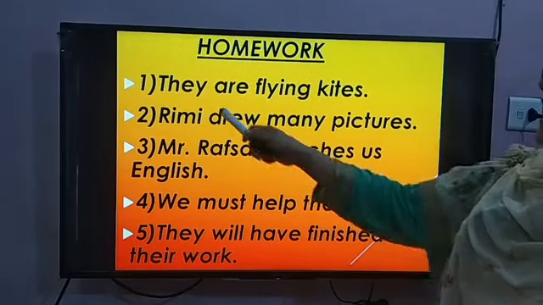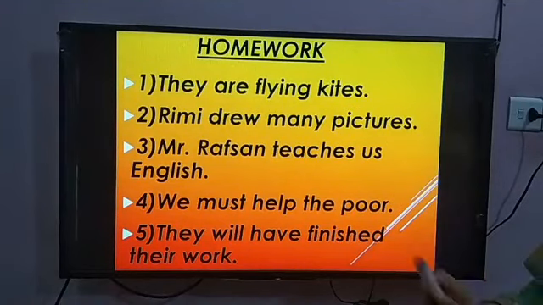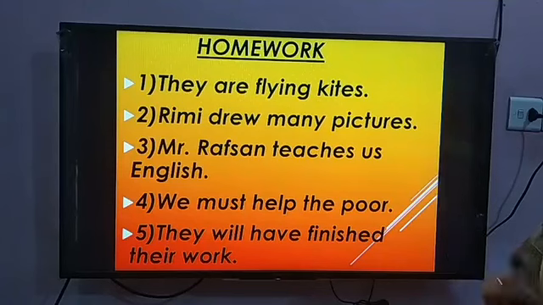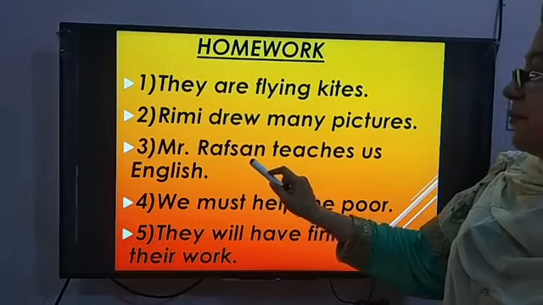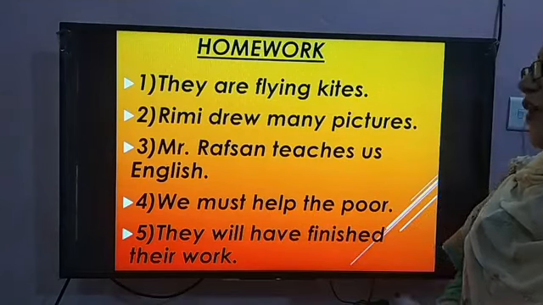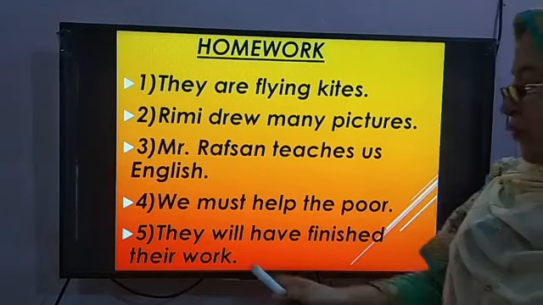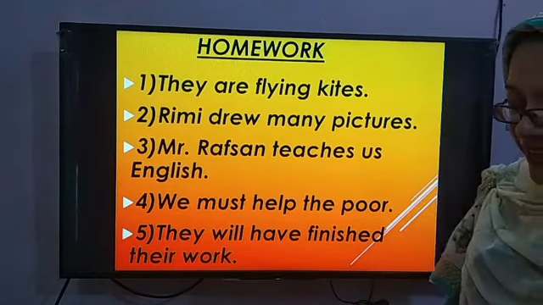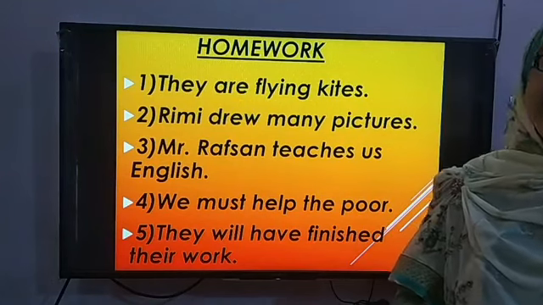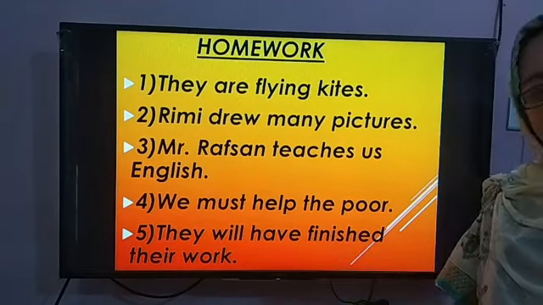The first one, they are flying kites. The second one, Rimi drew many pictures. The third one, Mr. Rafsan teaches us English. The fourth one, we must help the poor. The fifth one, they will have finished their work. I think all of you will answer the homework easily.